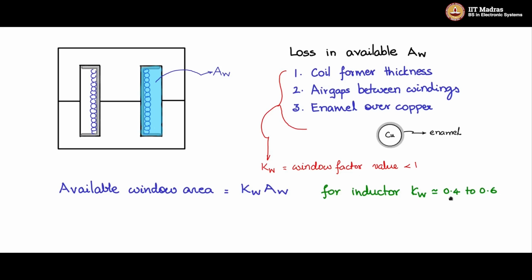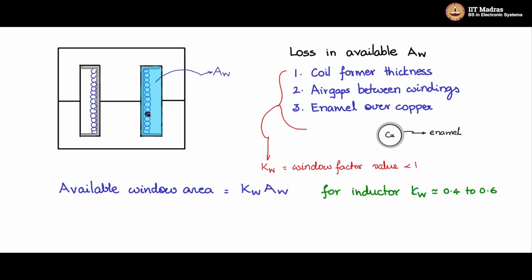Therefore we have a range of KW. So if someone is a novice who is winding for the first time, a newbie, the KW factor will be lower, and someone who is very experienced and has very good skills in winding the coils will be around 0.6 KW.